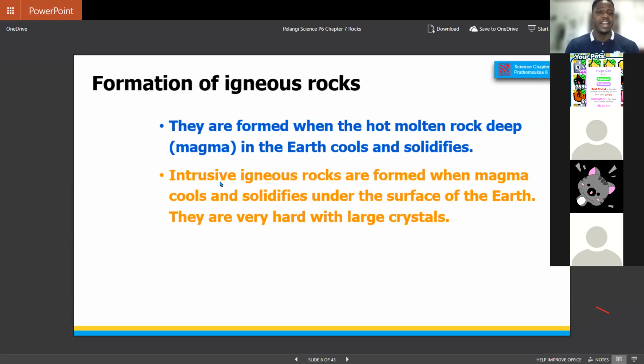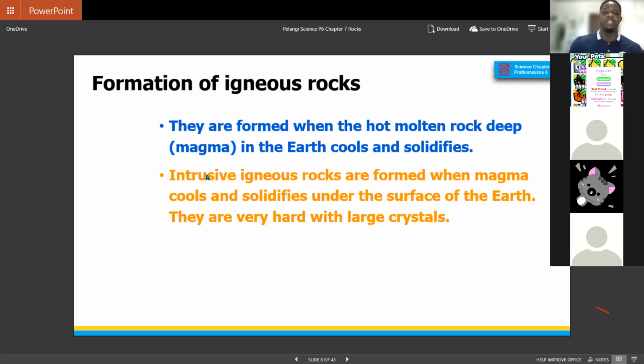The first one here is the intrusive igneous rock. These are formed when magma cools and solidifies under the surface of the earth. They are very hard with large crystals.